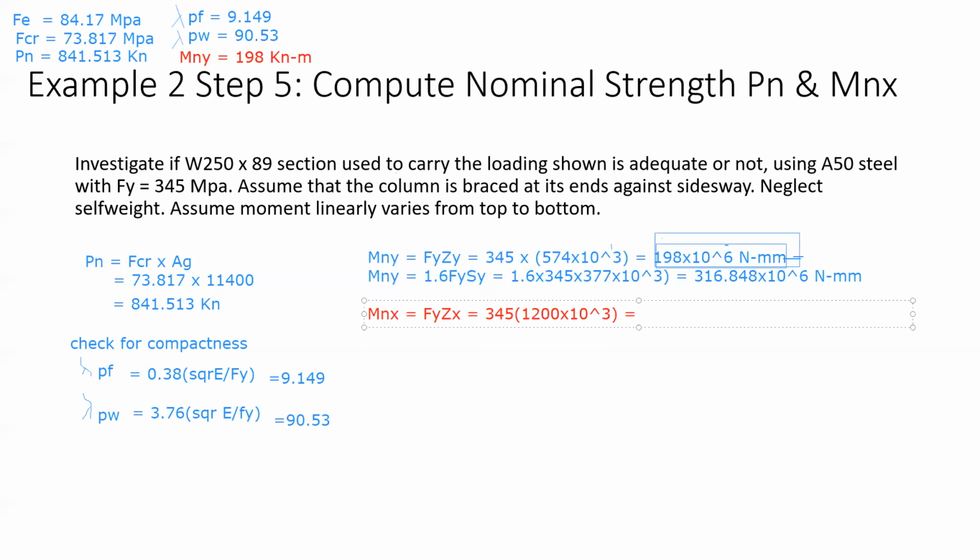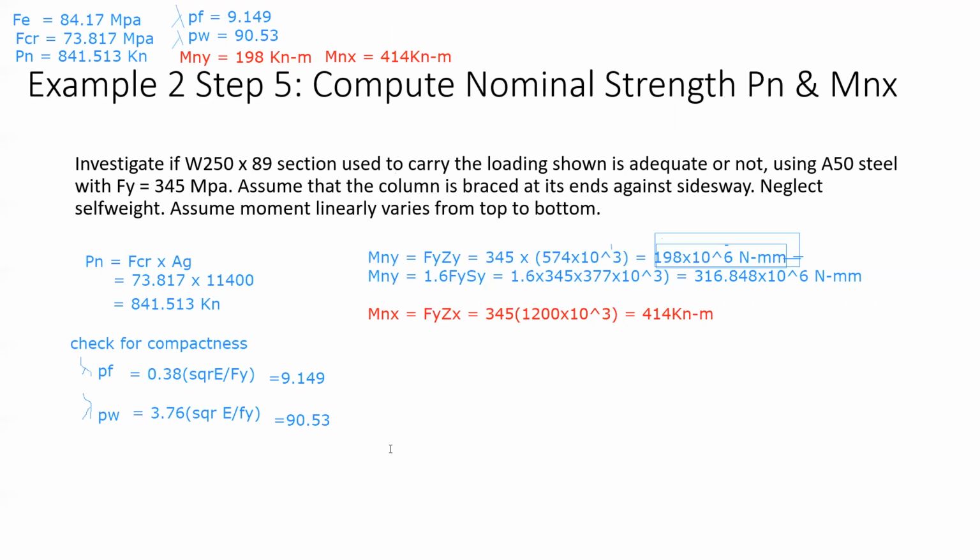Bali po, 414. Yun, sakto po. 414 kilonewton meter. Okay, so I will write this again dito sa taas. That is Mnx is equal to 414 kilonewton meter.